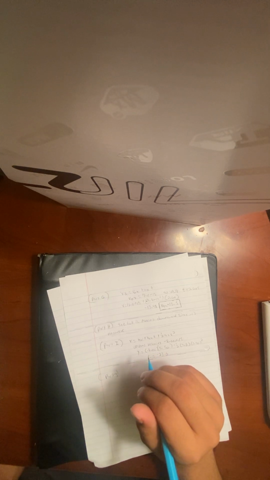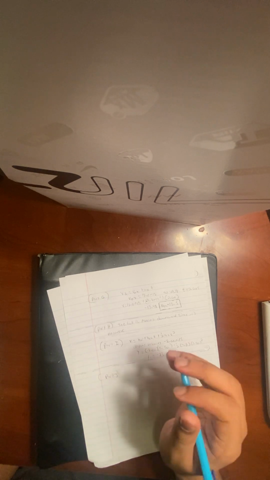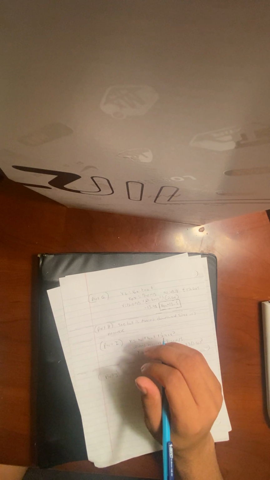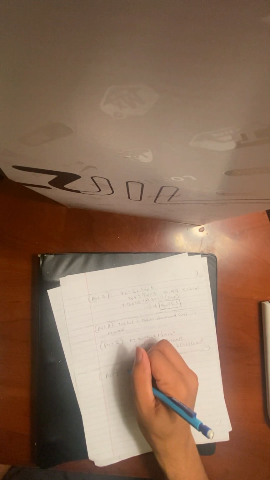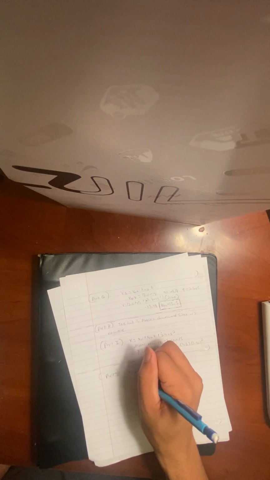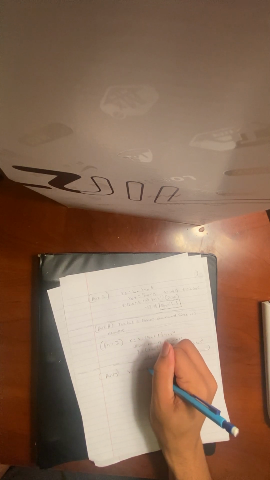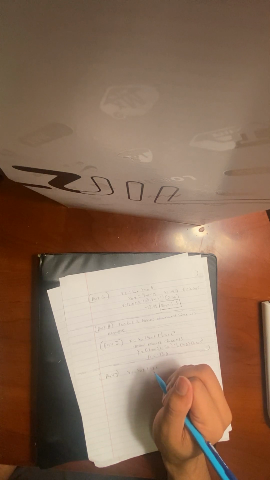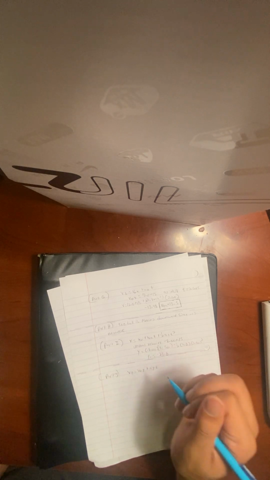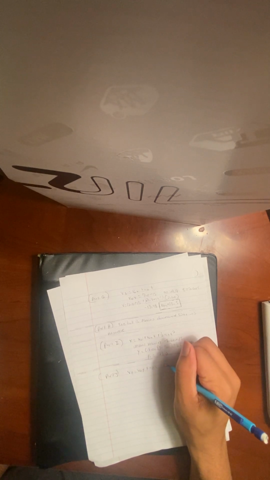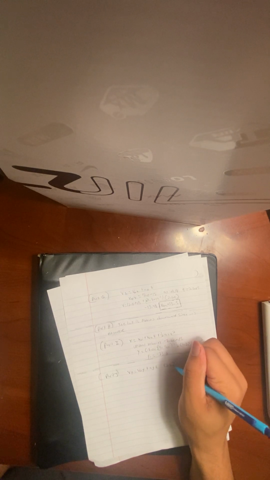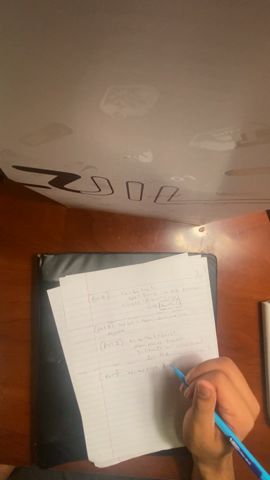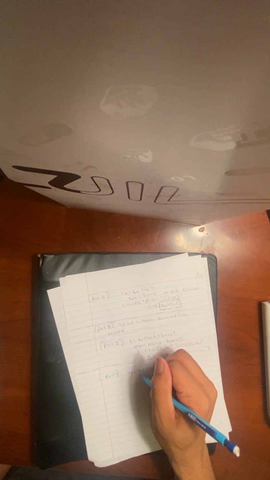Those 4 important equations that I think we'll be using throughout the course. I'll go ahead and write it down. So Vy equals V0y plus ayt. Also this is from 2.8.